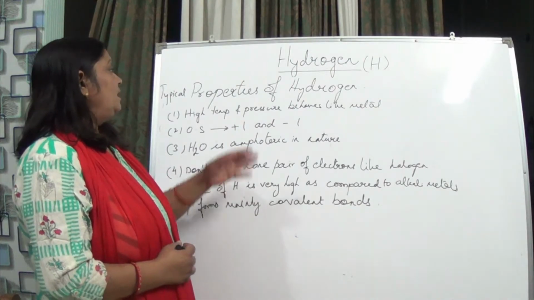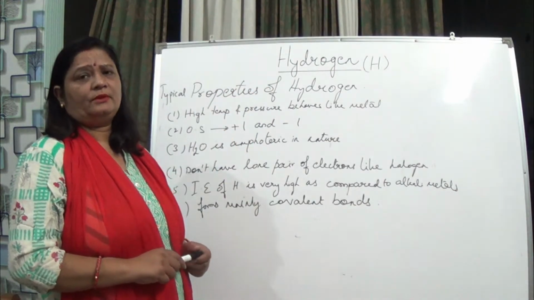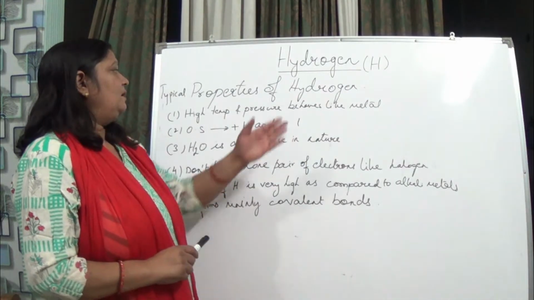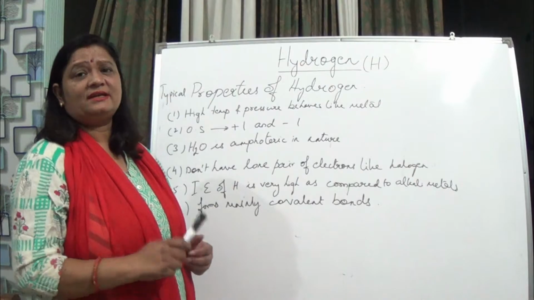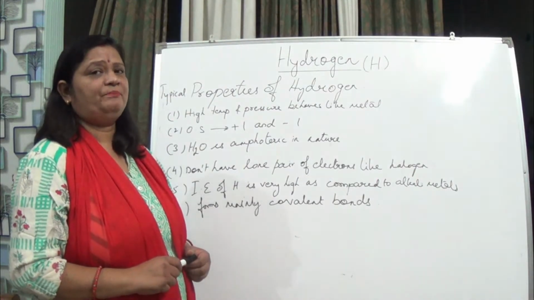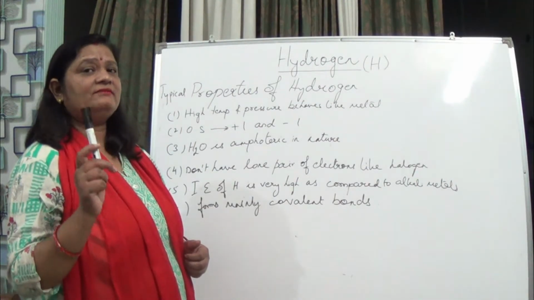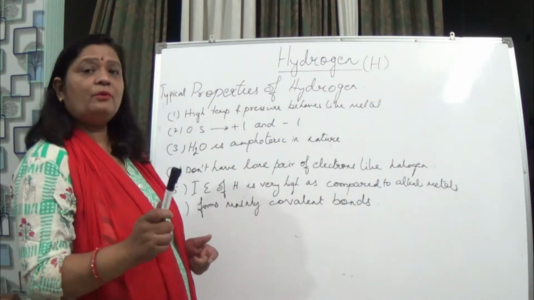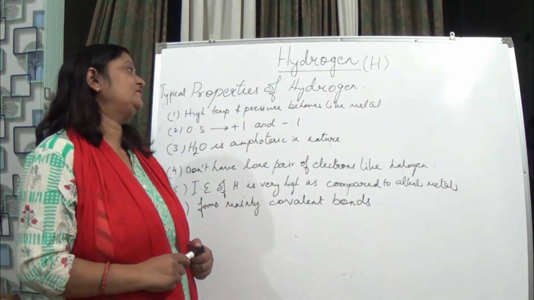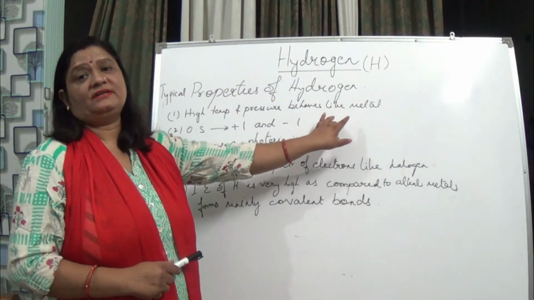Hydrogen does not behave like metals at ordinary temperature and pressure. Alkali metals behave like metals, but hydrogen does not. It requires high temperature and high pressure to behave like a metal.